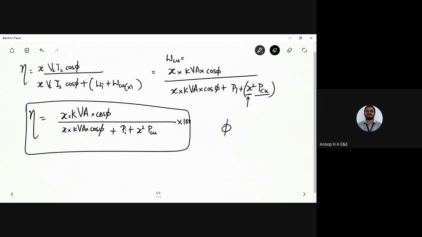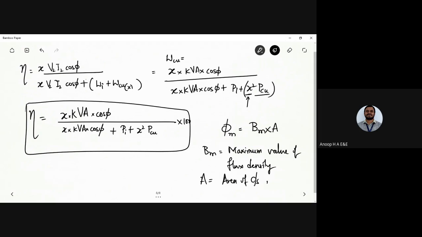This is the maximum value of the flux, Bm into A, where Bm is the maximum value of flux density, in Weber per meter squared, and A is the area of cross section in meter squared, or we'll call it millimeter squared.